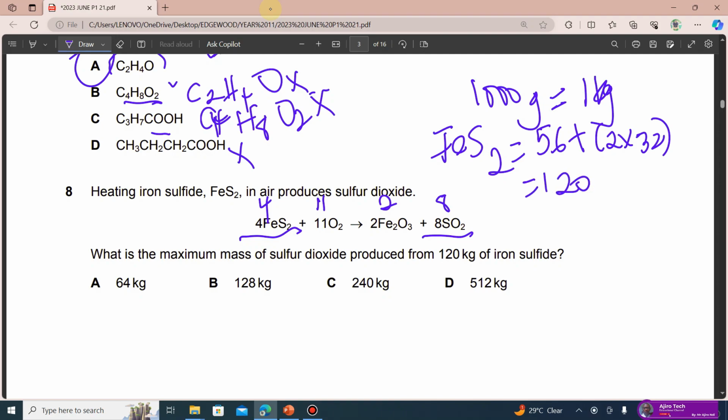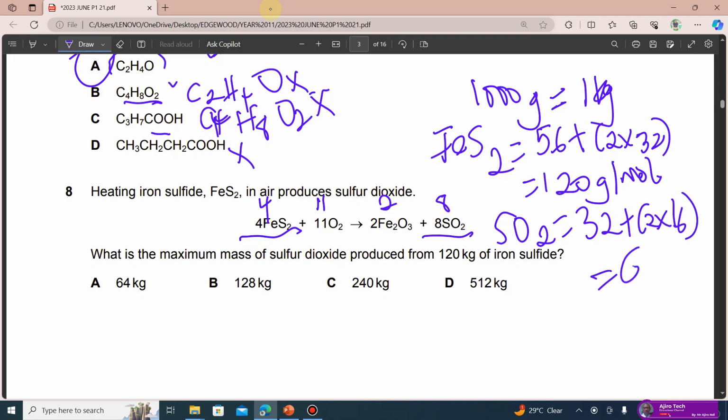So 120 grams per mole for iron sulfide. We do the same thing for sulfur dioxide, SO2. Sulfur is 32, oxygen is 16, so 2 times 16. That's 32 plus 32, which is 64 gram per mole.